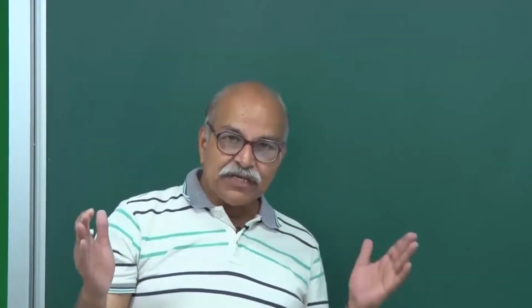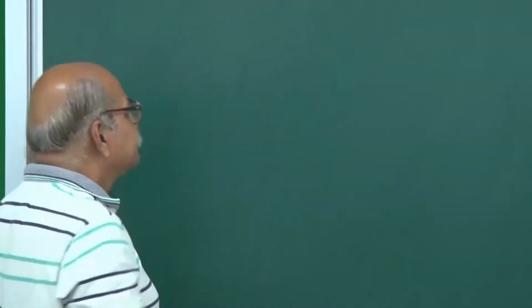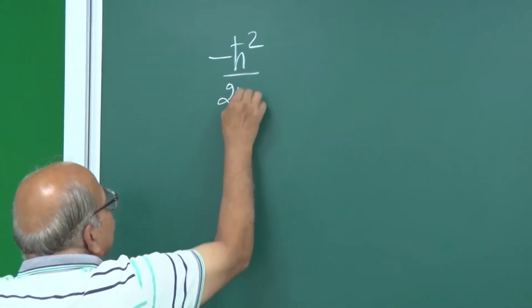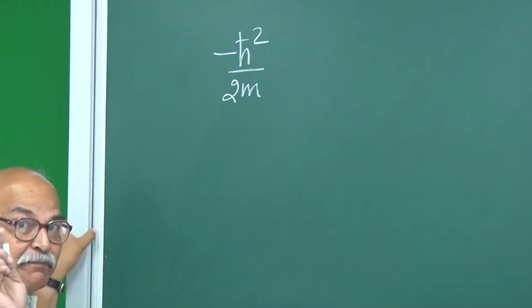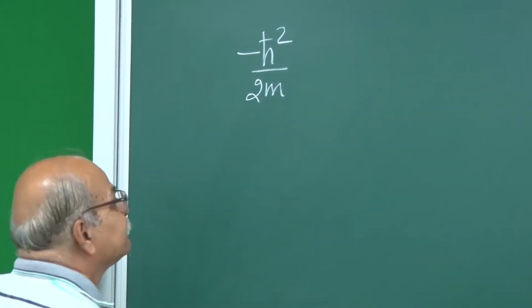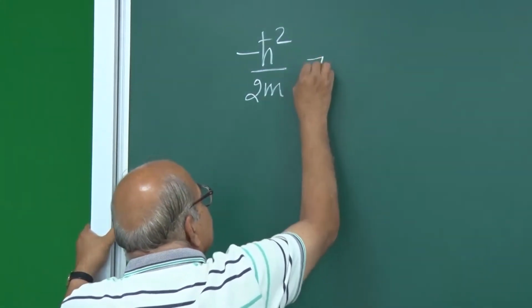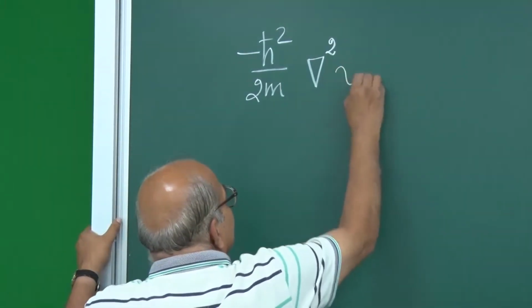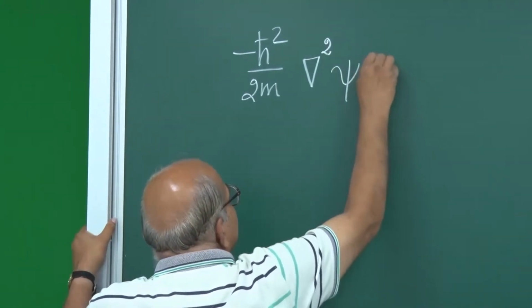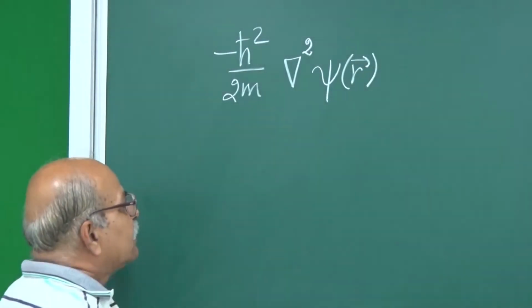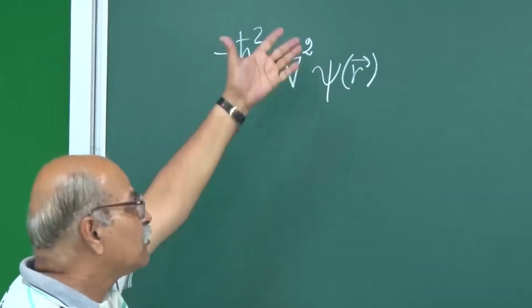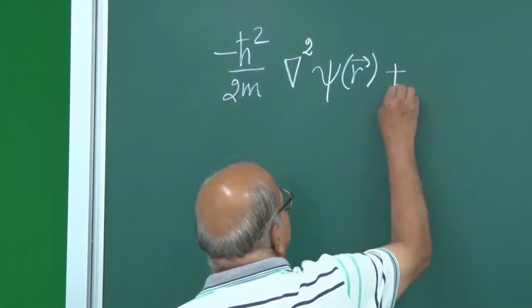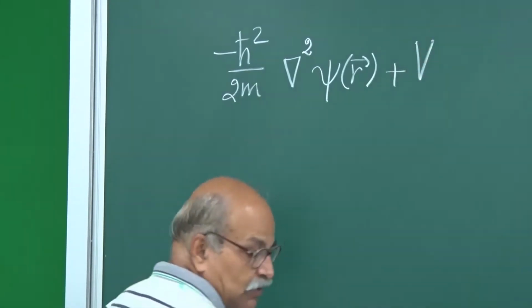So the central equation is minus h cross square by 2m. H cross is that same Planck's constant divided by 2 pi, and then this del square, I'll just talk about it, and then you have a function of space point x, y, z. You can write this as a function of x, y, z or whatever coordinates you use to describe a point in space, and then V, the potential energy.